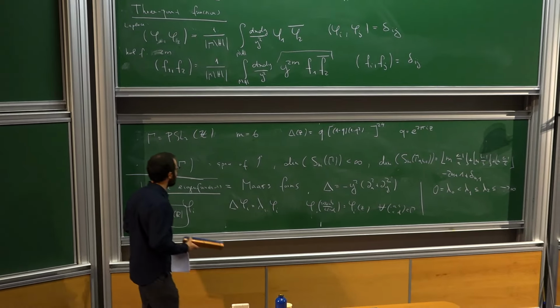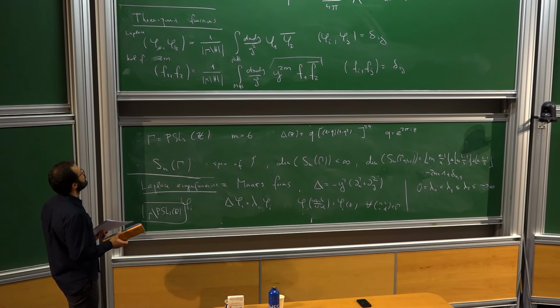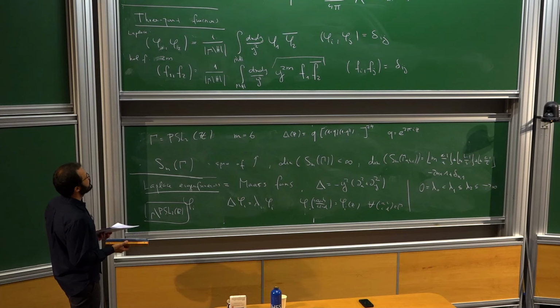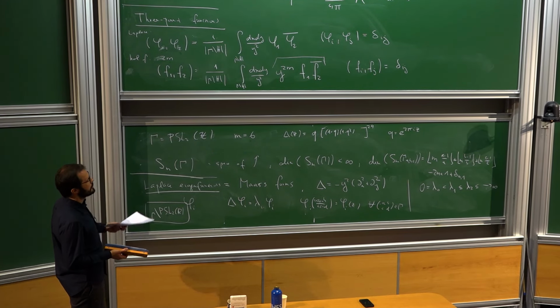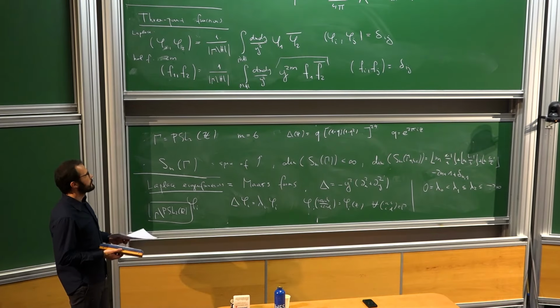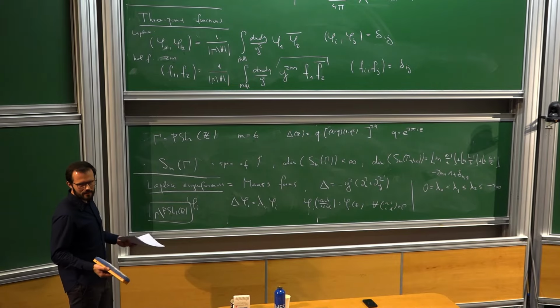So why don't you consider non-zero weights in a non-holomorphic case? Well, all of those things arise by applying some lowering or raising operators to holomorphic forms or to Laplace eigenfunctions. So it's not obvious, but it's true.